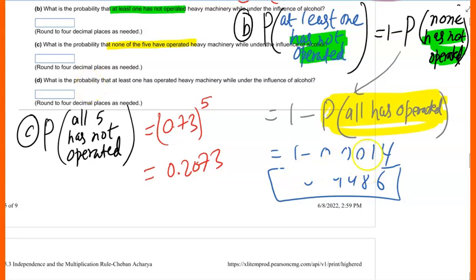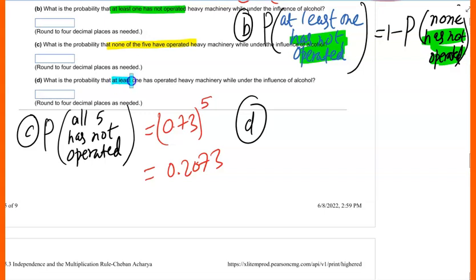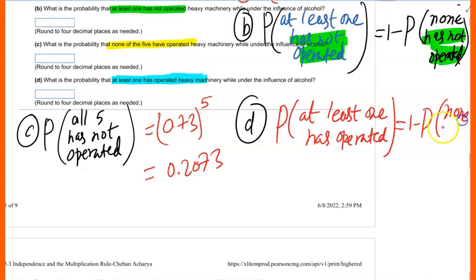Okay, and let's do part D, the last part of this question. Part D says, what's the probability that at least one, again, at least one has operated? That means 1 minus the probability of none has operated.